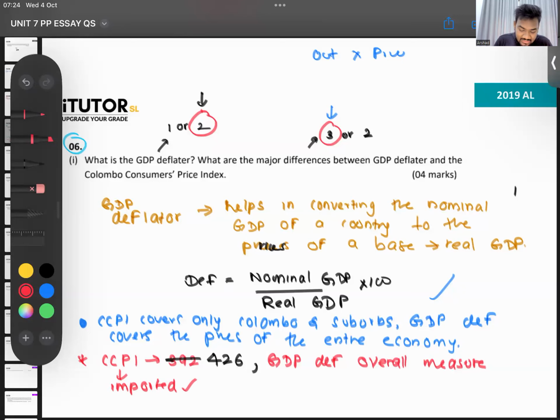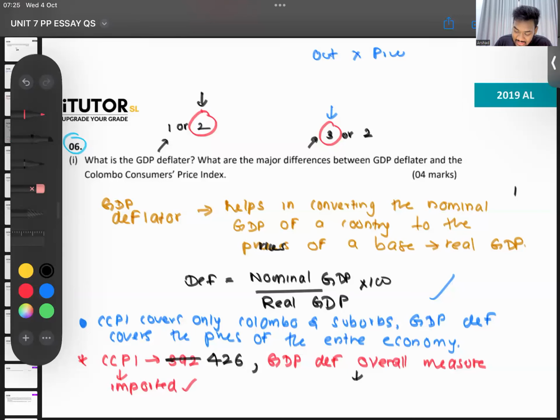But something like the GDP deflator, Lamai, calculates GDP and deflates it. So in the GDP, imports are not there. Even though the GDP deflator is an overall measure that covers all the goods and services, it covers only the goods and services produced in Sri Lanka. GDP is all goods and services produced within the geographical boundaries of Sri Lanka.